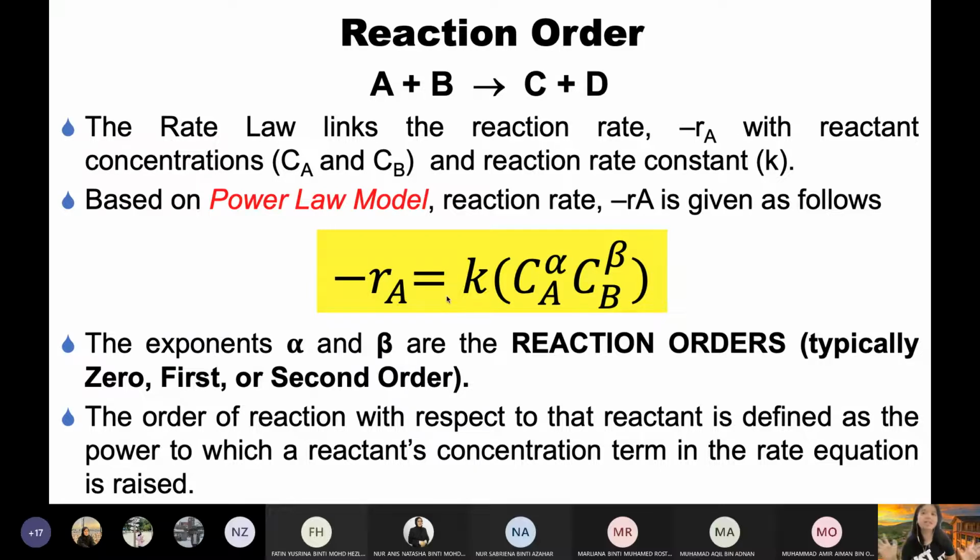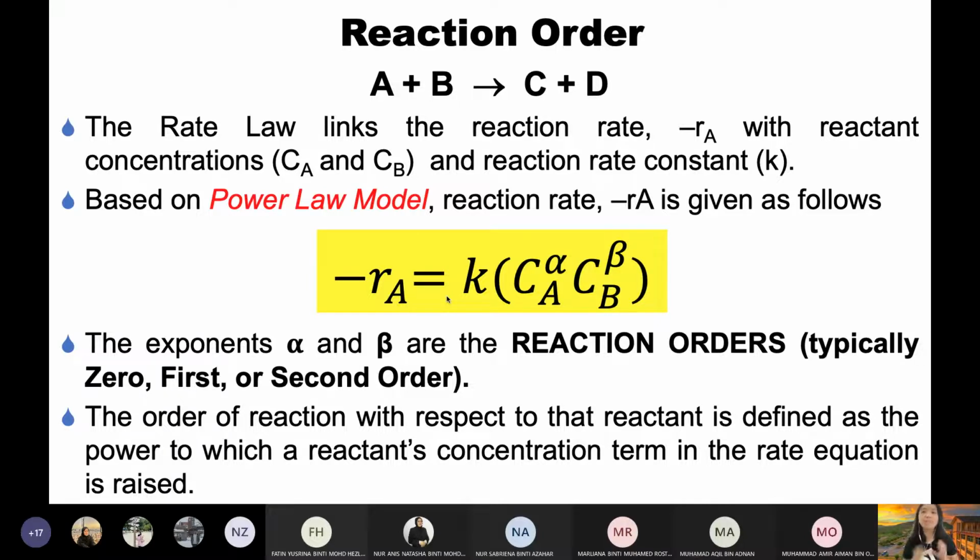Okay, katakan dia kata is equals to K CA power of 2, kuasa 2. Meaning, reaction order dia adalah second order. What does it mean? Meaning, in the reaction, two molecules of A, most likely dia combine untuk membentuk produk. Tadi yang first order, satu molekul itu pecah membentuk produk. Kalau second order, two of these molecules will likely combine.